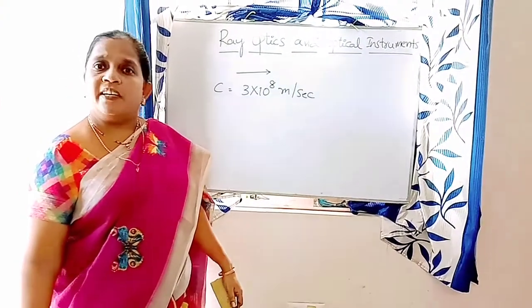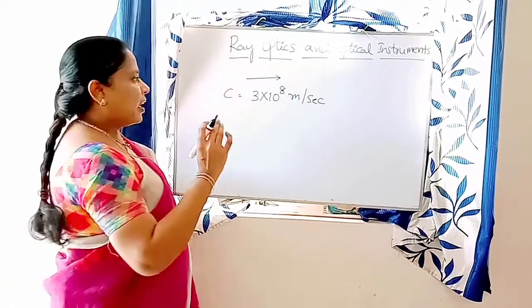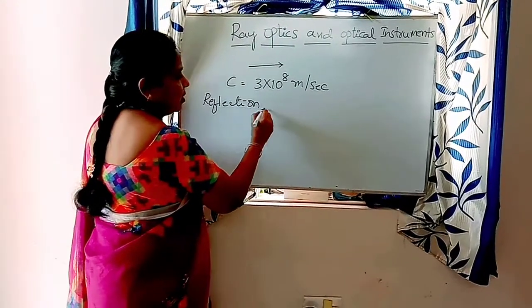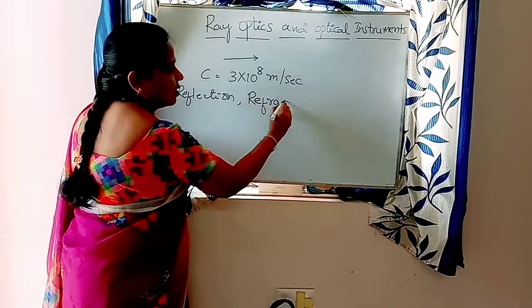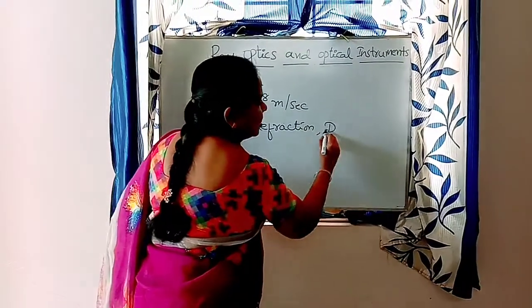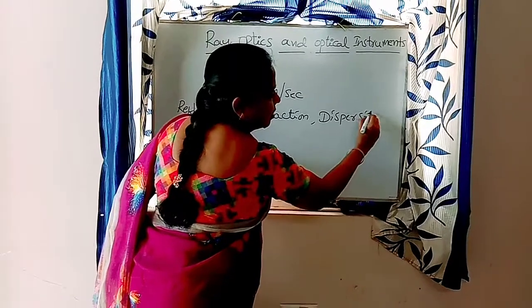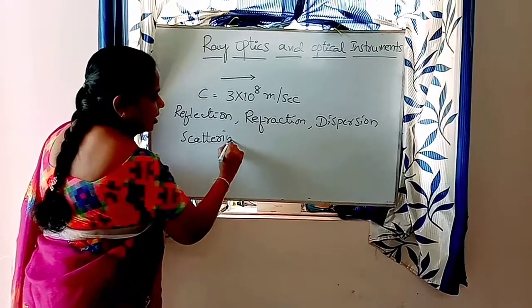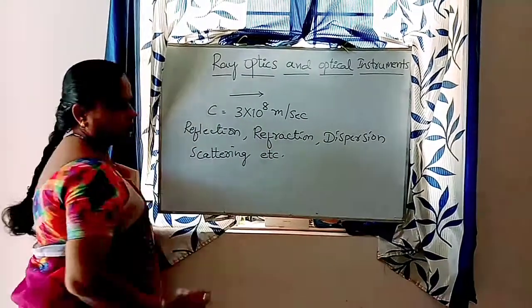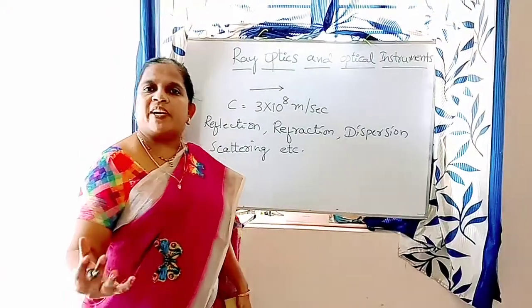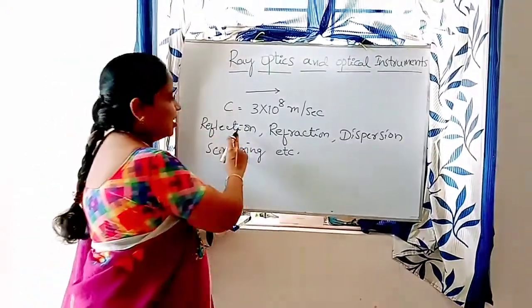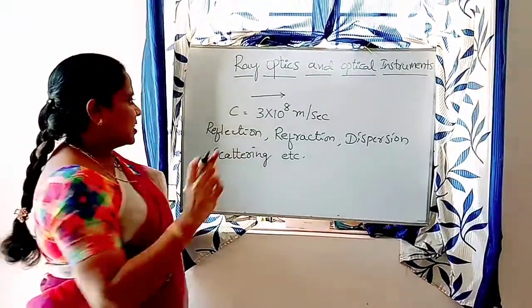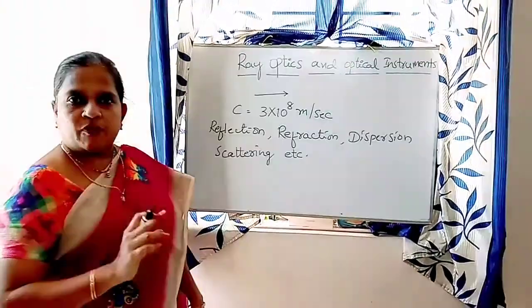And light has different properties. They are reflection, refraction, dispersion, scattering, etc. Now, we will discuss reflection.